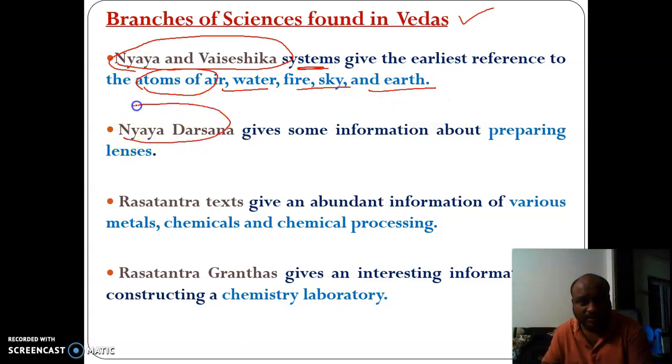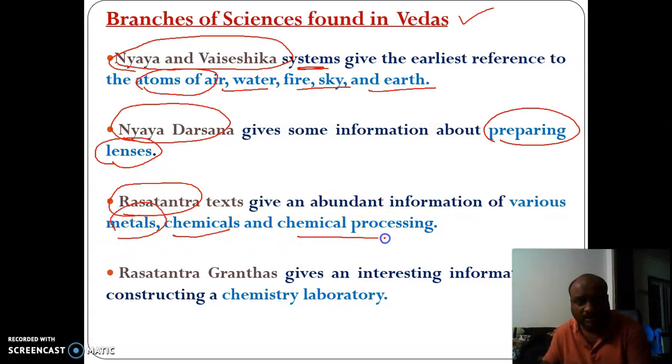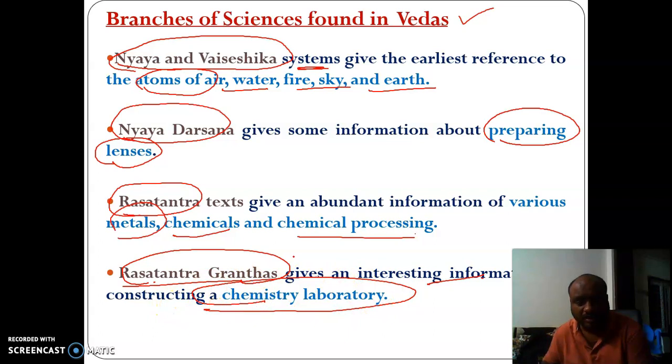Nyaya Darshana gives information about preparing lenses. Rasatantra gives information about metals, chemicals and chemical processing. The Rasatantra text gives interesting information on how to construct a chemistry laboratory, and some of those practices still prevail.